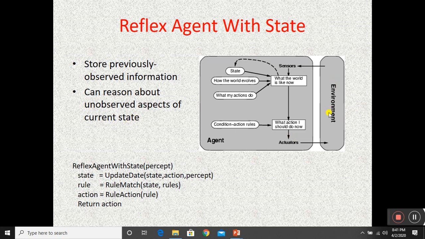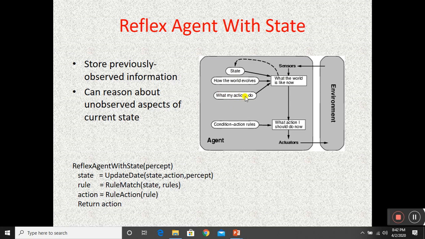Here is the environment. As we have discussed in our previous agent type, what the world is like now. This is the sensor. This will sense from the environment, and definitely it would have state: how the world evolves, what my actions do.